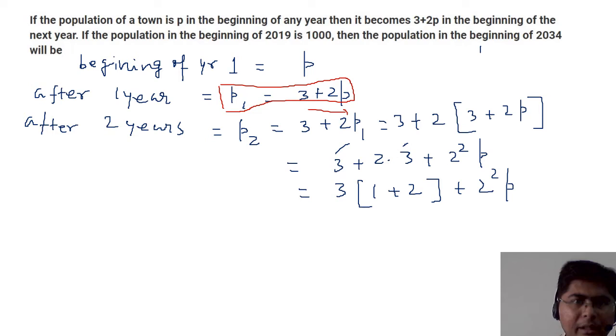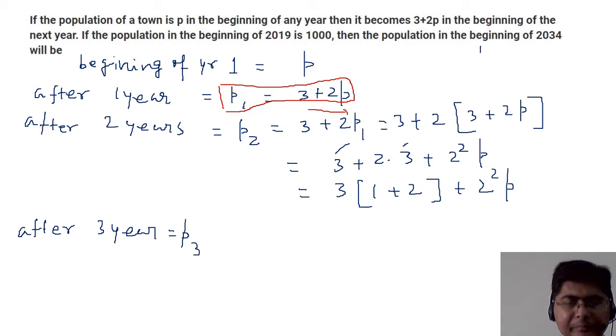Okay. Now what is the value after 3 years, which may be P3? It is equal to 3 plus 2P2. Now once again I am putting the value of P2. What is the value of P2?